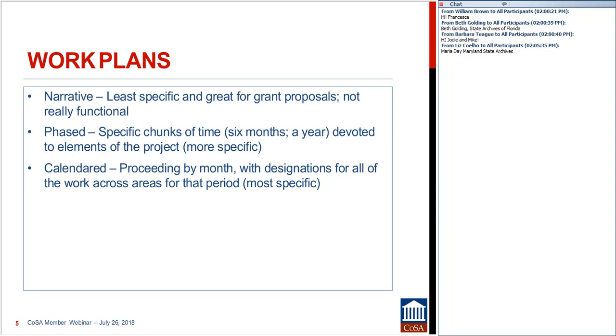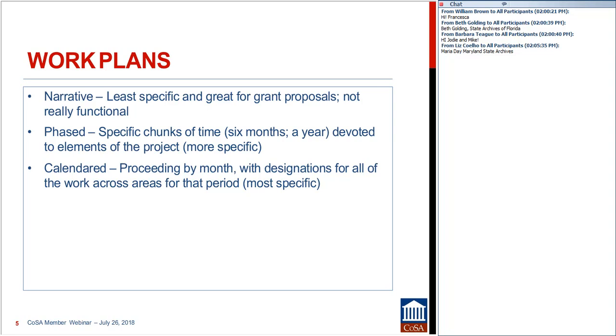So you could have a planning phase, an assessment phase, a description phase, a content development phase, an outreach phase. You want to put those kinds of phases generally in order.